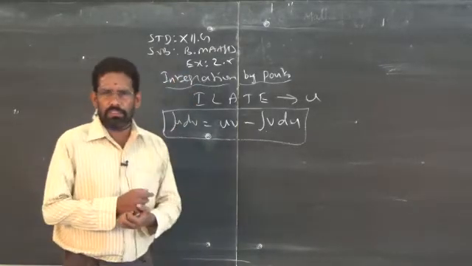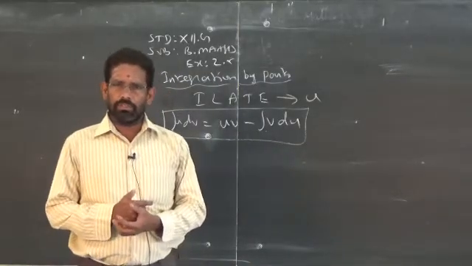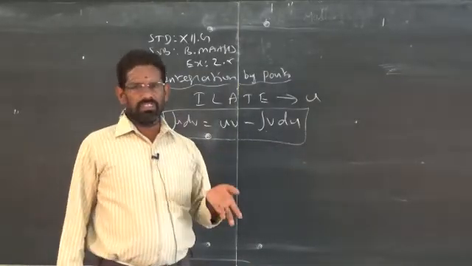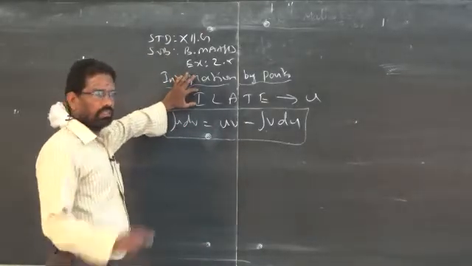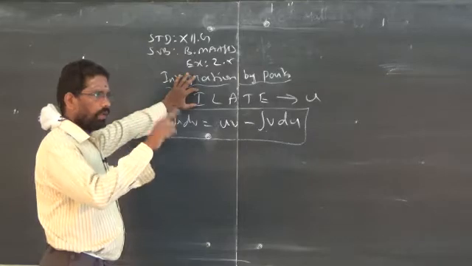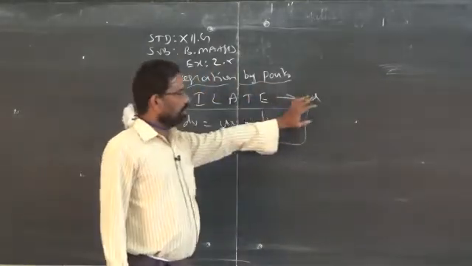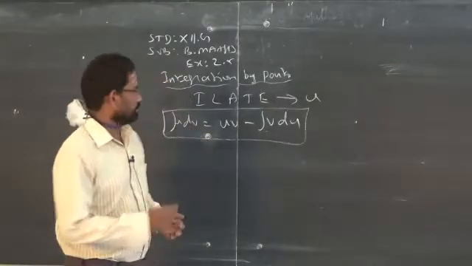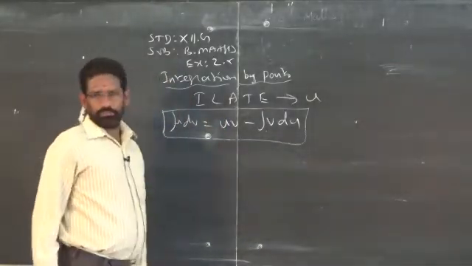What is an inverse function? Sine inverse, cos inverse, tan inverse and the inverses of their reciprocals come under inverse. So if any one of the factors is an inverse function, then you take U equal to that inverse function. Then L stands for logarithm.